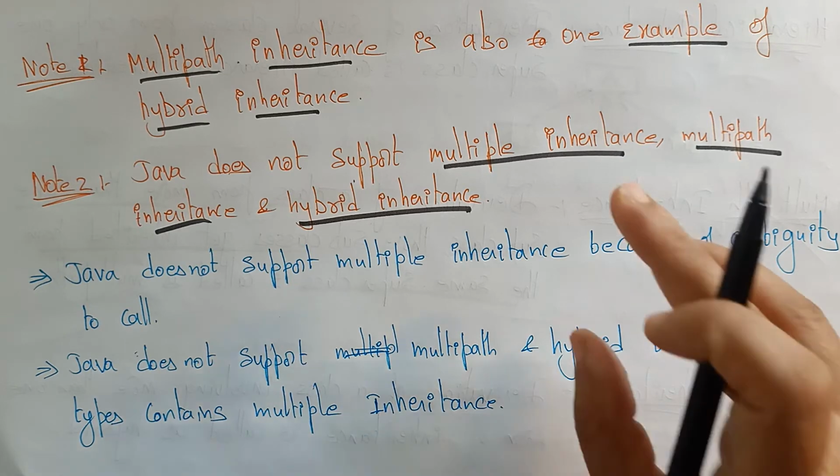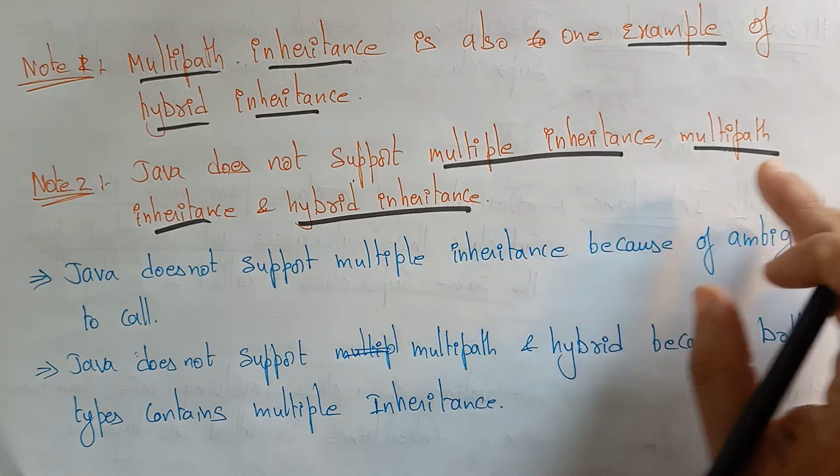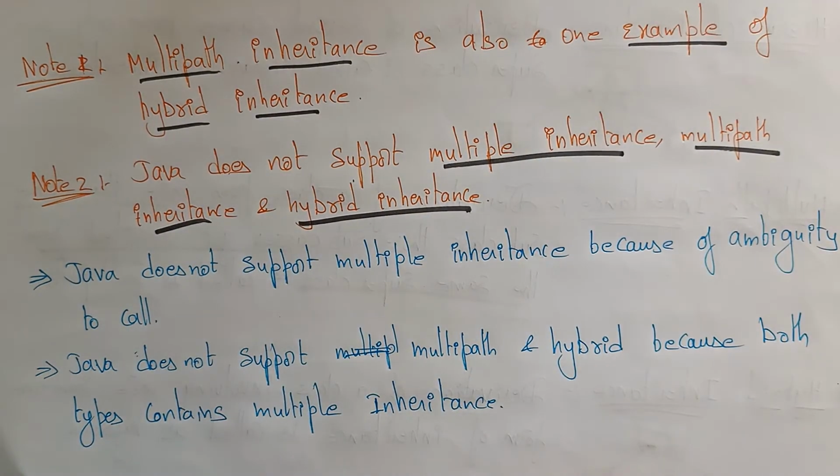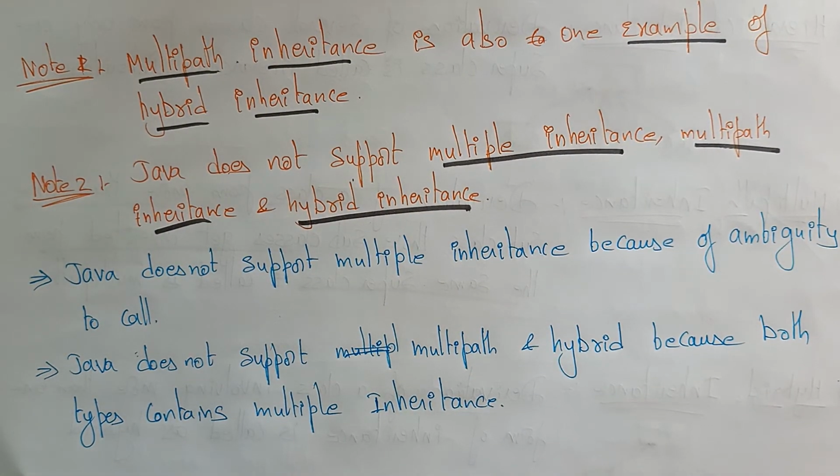Remember students, multiple inheritance is not supported, multipath inheritance is not supported, and hybrid inheritance is not supported. Then what is supported? Single inheritance is supported, multi-level is supported, and hierarchical is supported. Only 3 types of inheritance are supported out of 6.